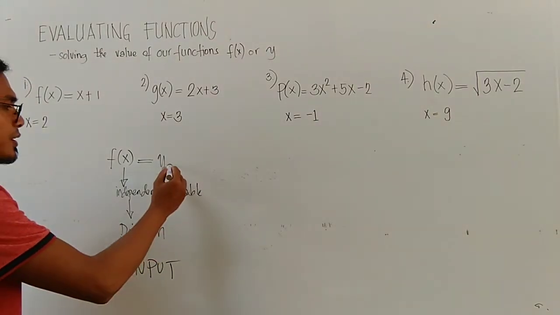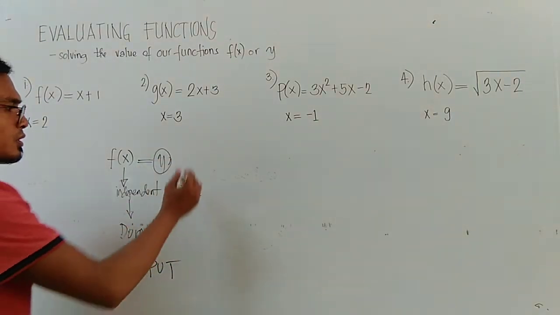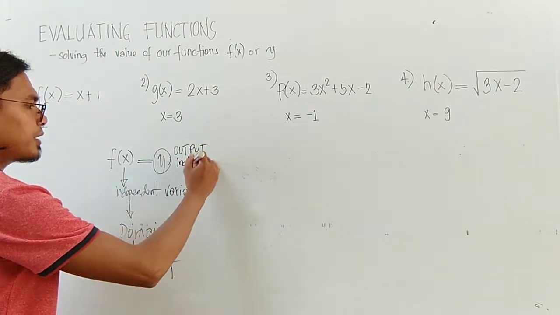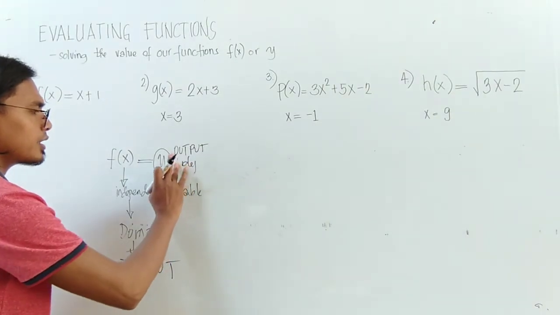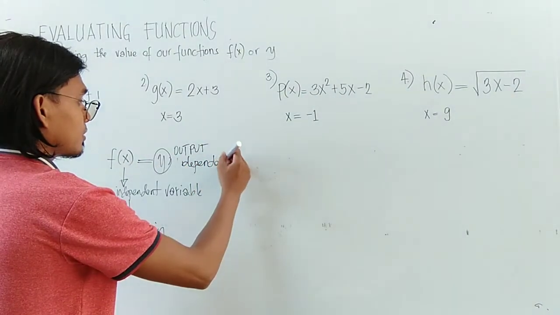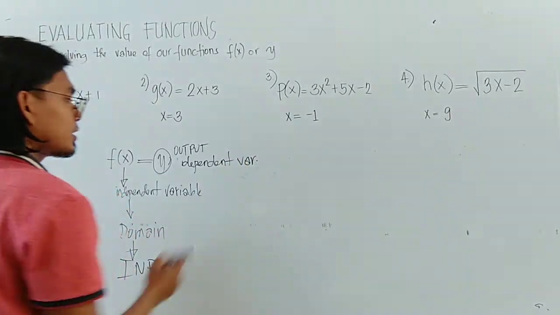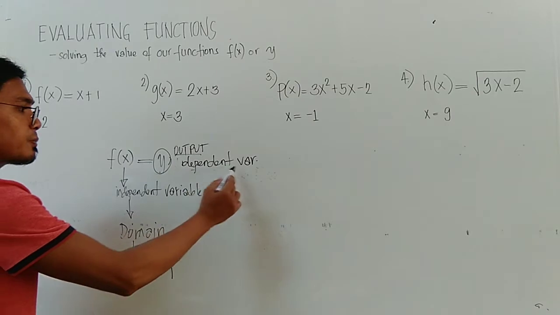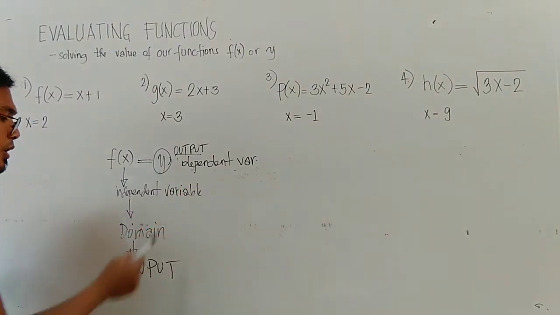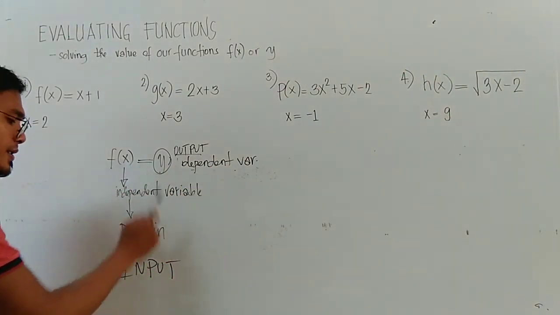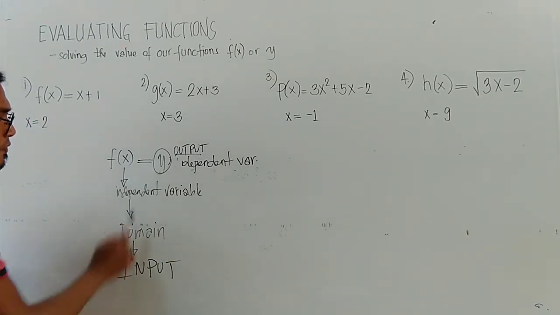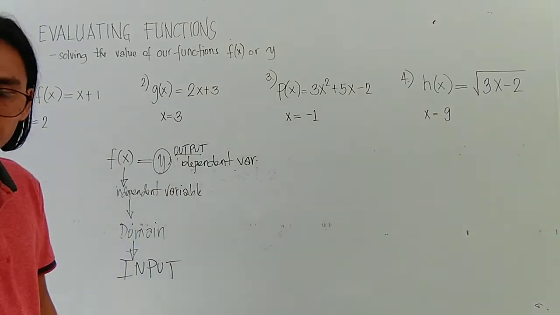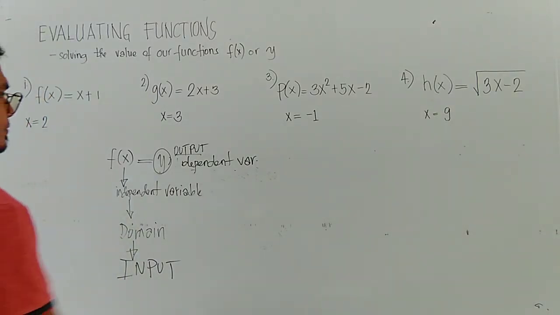Okay, so the values of y are our output, or our dependent variable. So this is your dependent variable. So the value of y, your output, your dependent variable, depends on our domain or independent variable x, or we may say that your x is our input and y is our output. Okay? So now let us proceed.